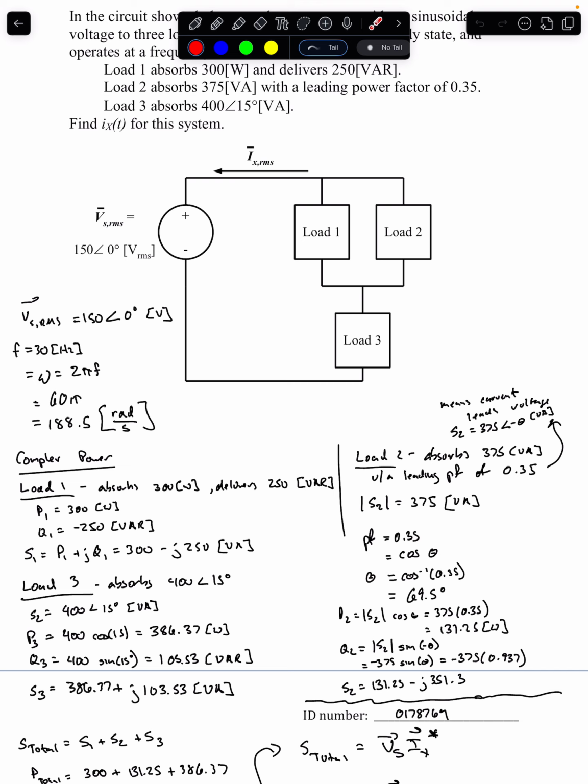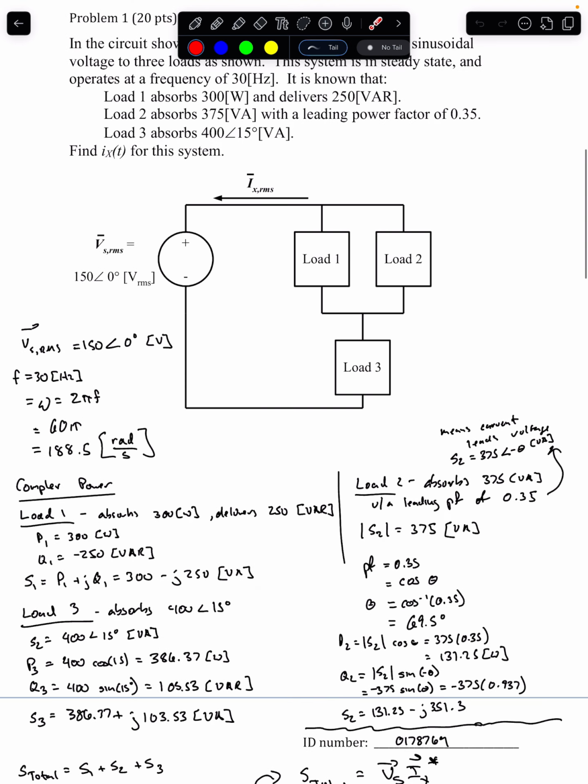That's load 1 out of the way. Load 2, same thing, we need to figure out the complex part. Load 2 absorbs 375 volt-amps with a leading power factor of 0.35.